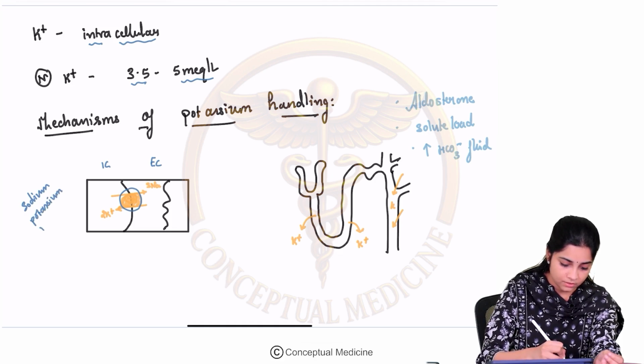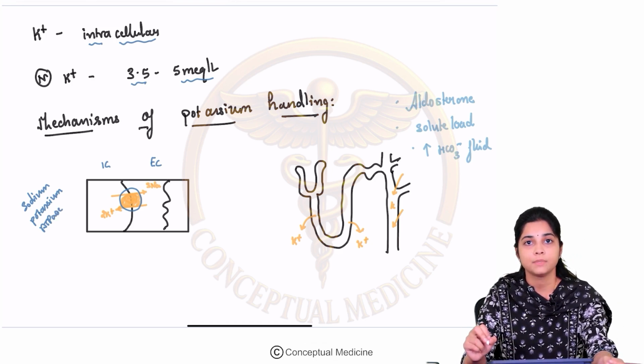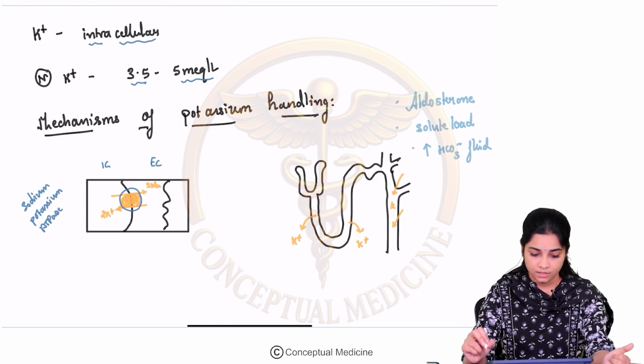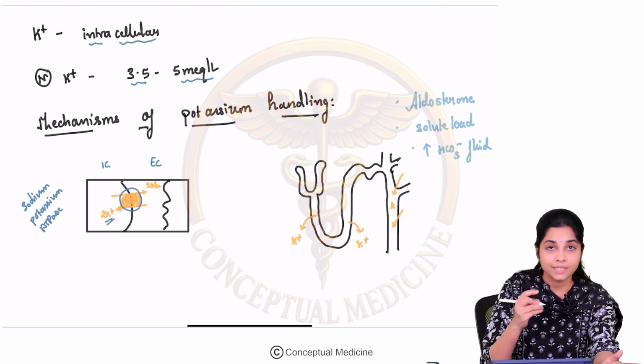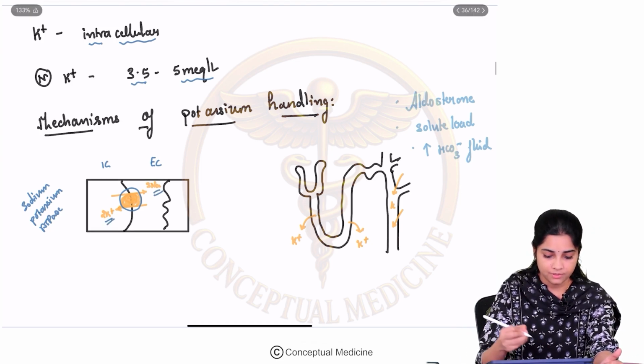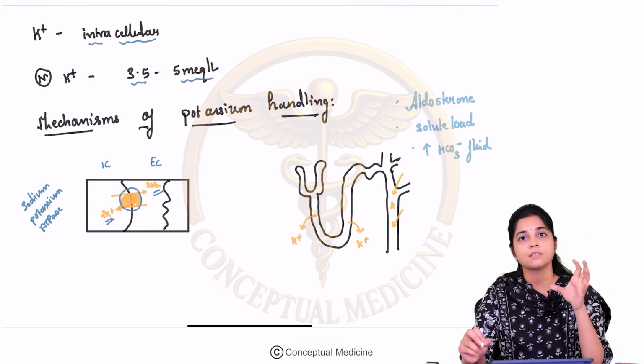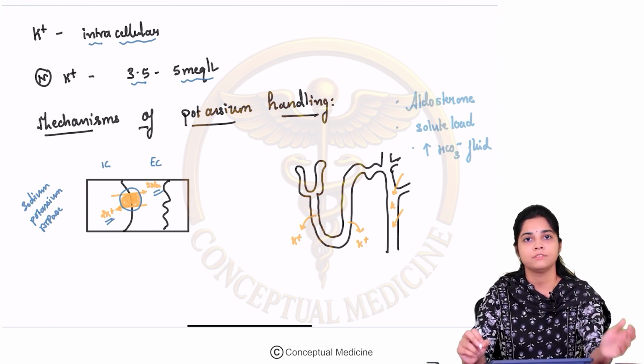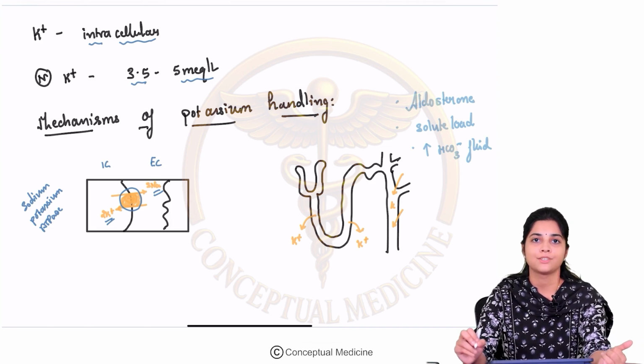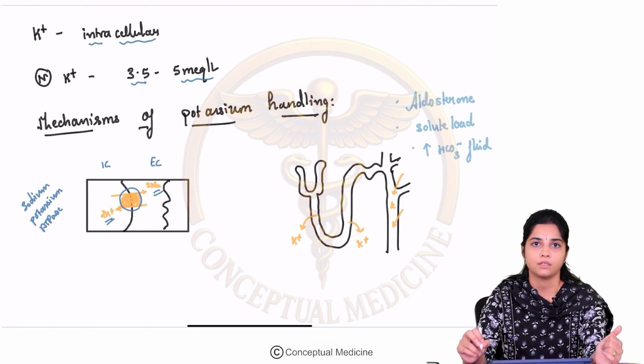What is its function? It pumps in 2 molecules of potassium and pumps out 3 molecules of sodium. So when the sodium potassium ATPase is active, it helps in maintaining potassium predominantly as an intracellular ion.